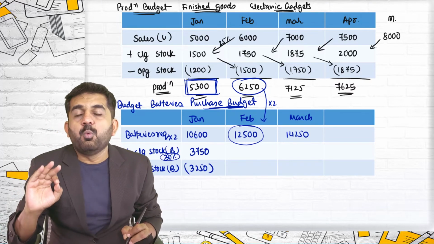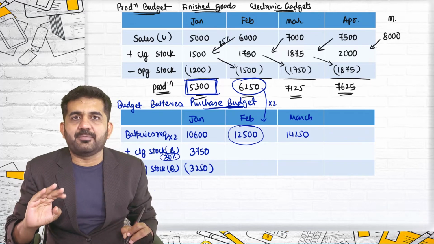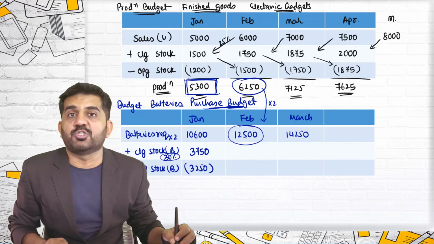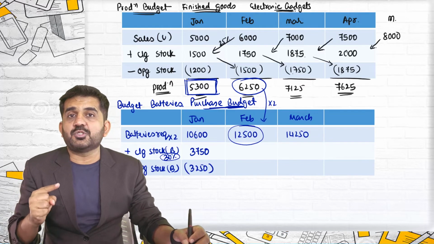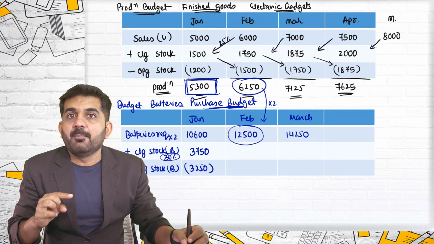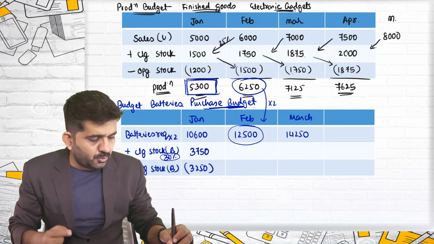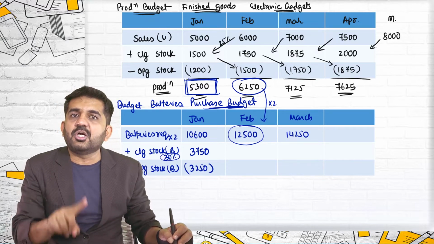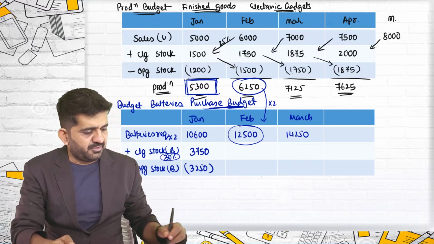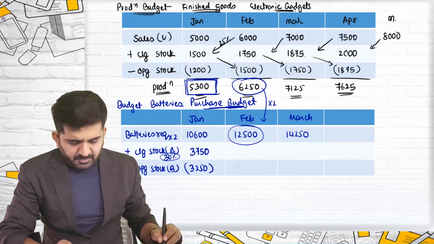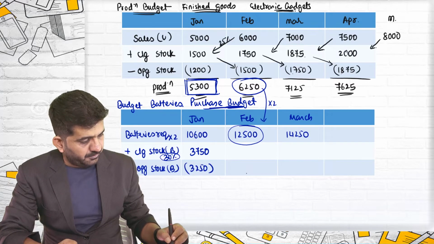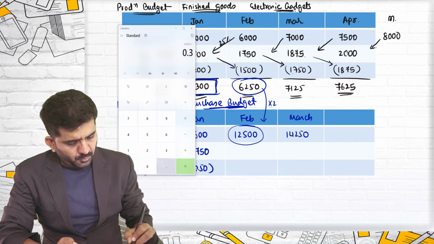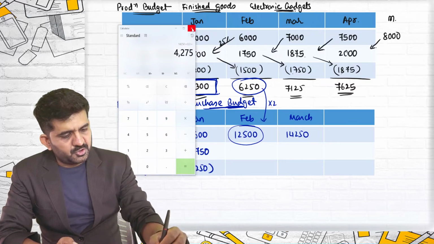You getting it? What is the batteries requirement for next month's production? It is 12,500. You will say, no sir, next month production is 6,250. But to manufacture 6,250, 12,500 batteries will be required and 30% you will be keeping in previous month's stock. In similar manner, it will be 14,250 into 30%, which is 4,275.